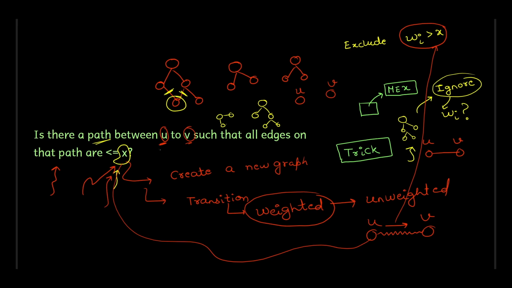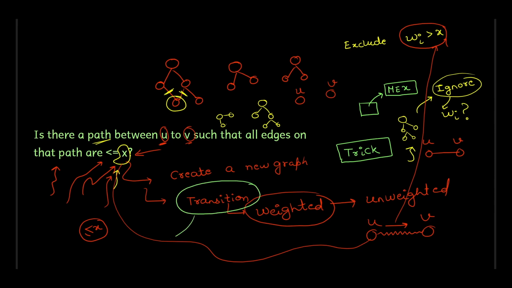So these edges are banned or forbidden. All the paths that we create must use edges that are less than or equal to x. All the edges greater than x are forbidden.